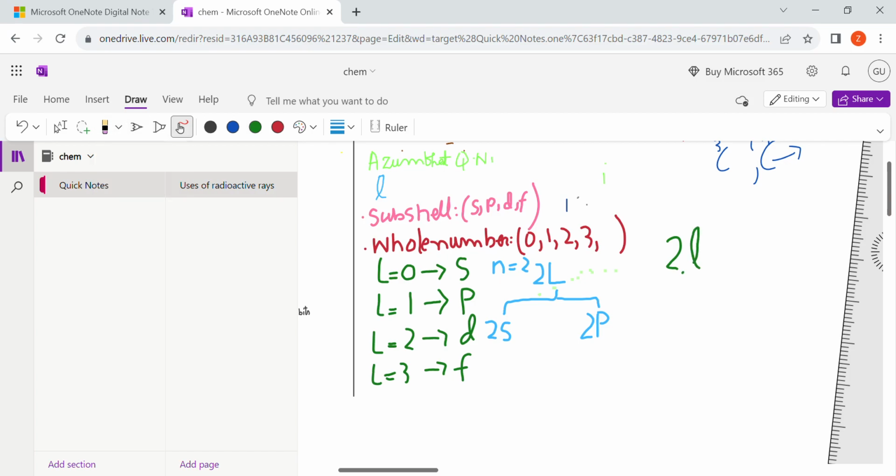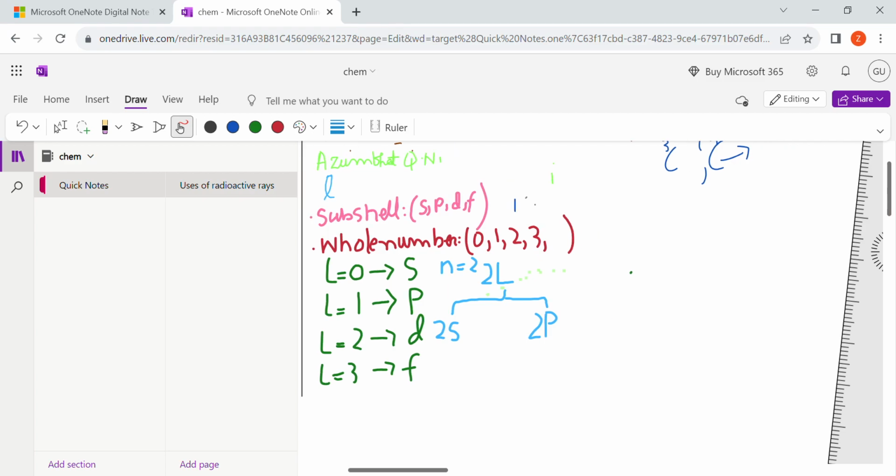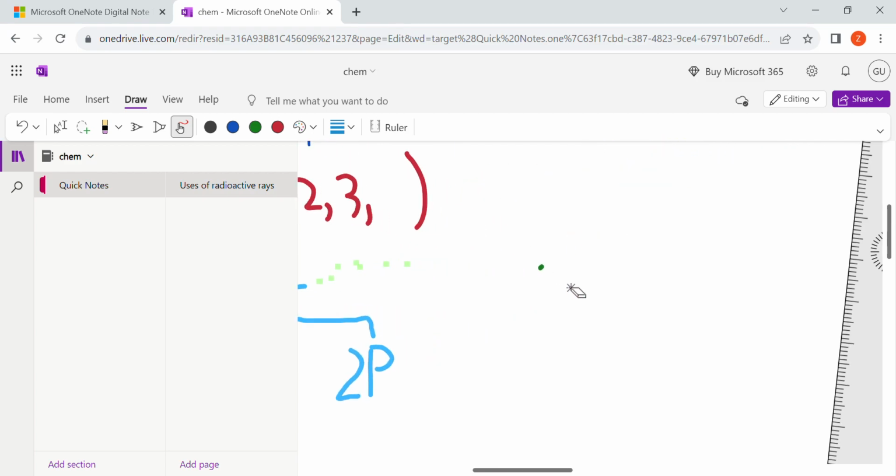Wait a second, I'll write it here, that would be better. 2L plus 1.